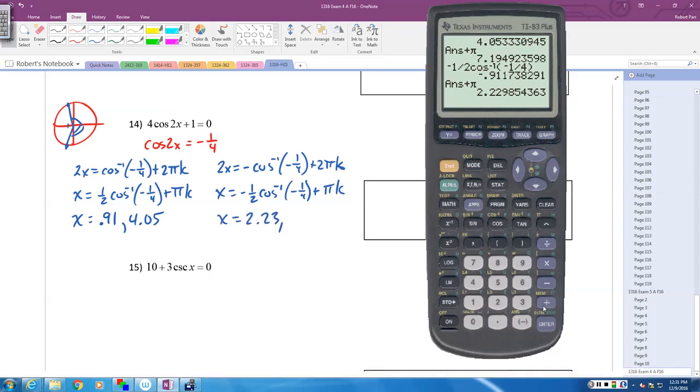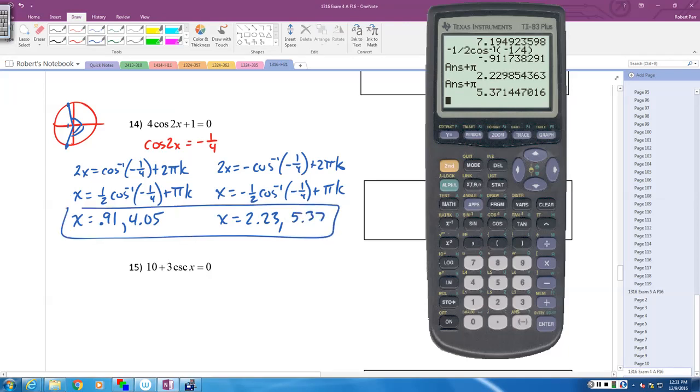Add pi to that. 5.37. And so here are my 4 values. How's that look, Adam?